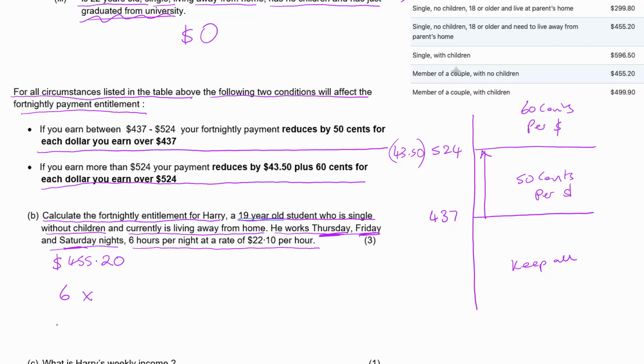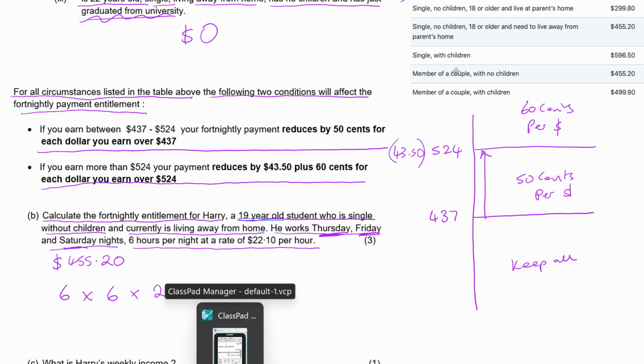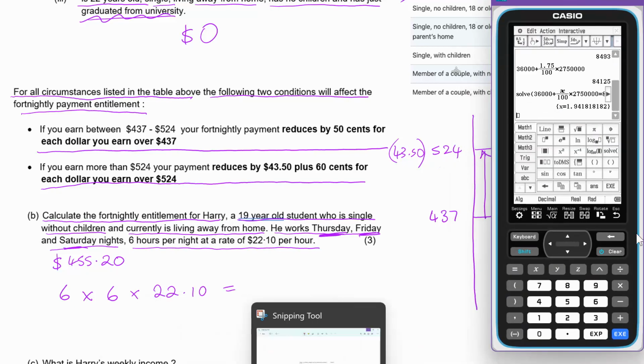So Harry works 3 nights per week, which means 6 nights per fortnight. On each of those days, he works 6 hours, and he earns $22.10 per hour. So he gets 36, that's 6 times 6, times 22.10.